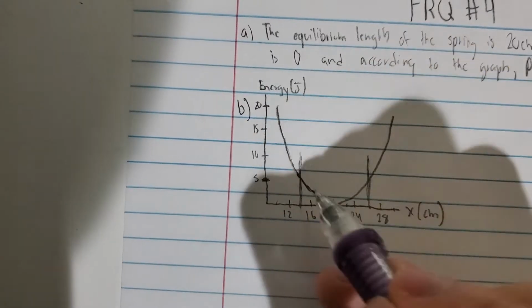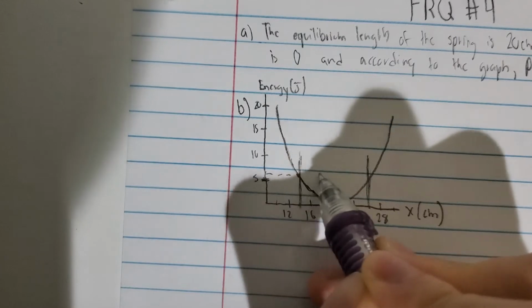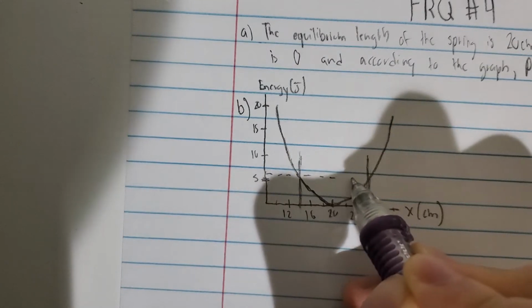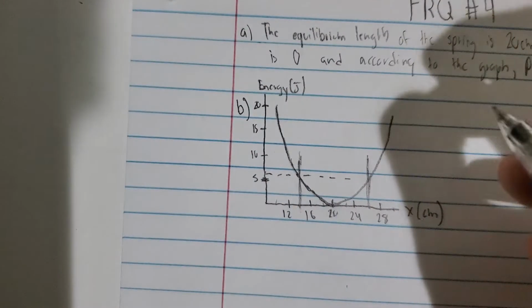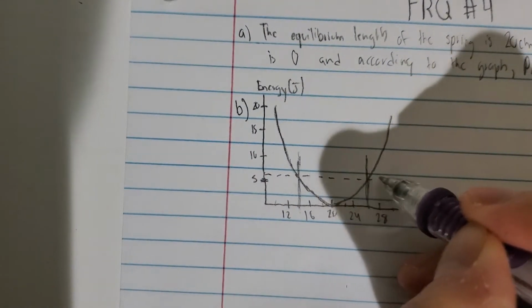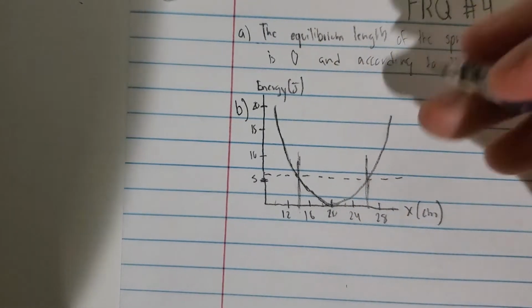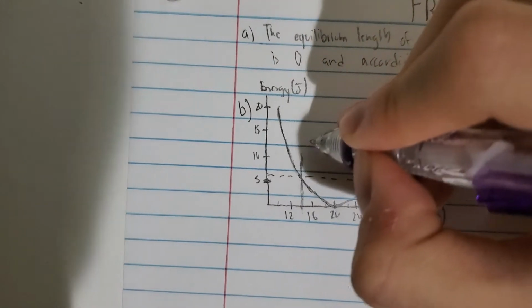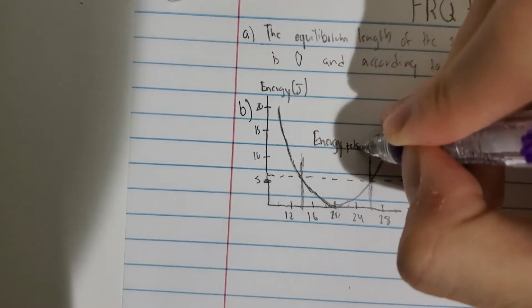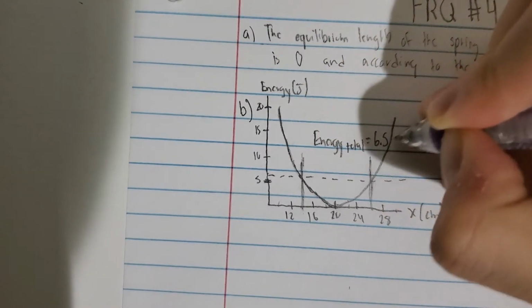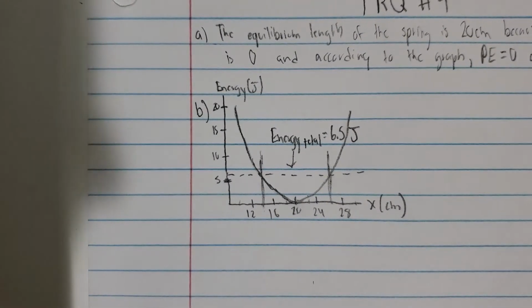So at this point, I can see that it's a little bit above 5, but it's below the midline between 10 and 5, which is 7.5. So this amount, I'm going to estimate 6.5. So my total energy should be equal to 6.5 joules according to this line. Okay, there.